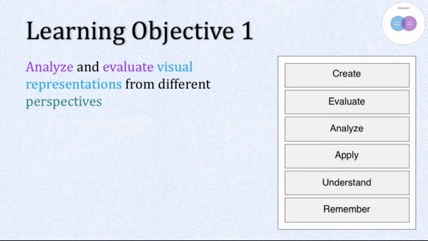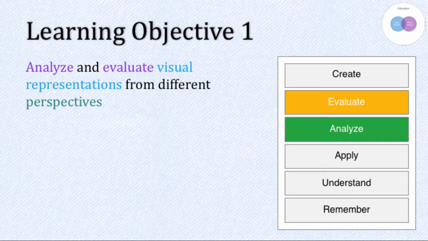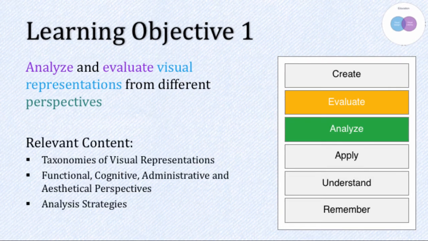If we look at this learning objective and relate it to Bloom's taxonomy, we'll notice that we're focusing on analyze and evaluate. And some of the relevant content that is going to allow us to analyze and evaluate visual representations from different perspectives includes taxonomies of visual representations. What are all the different types of visual representations that are out there?